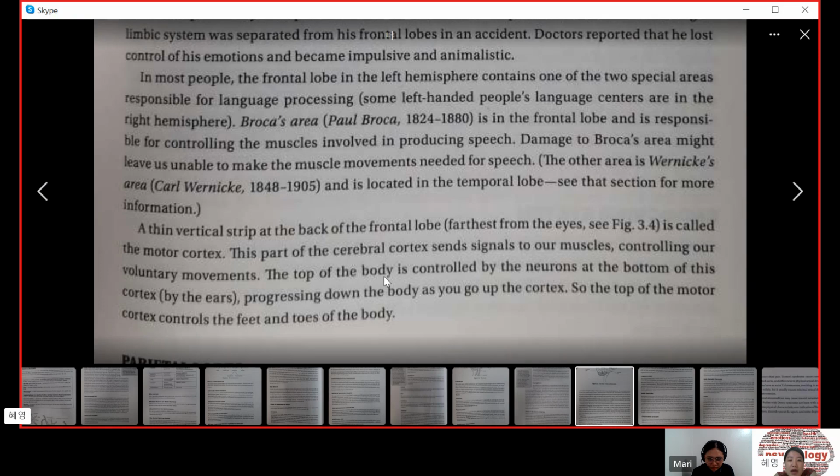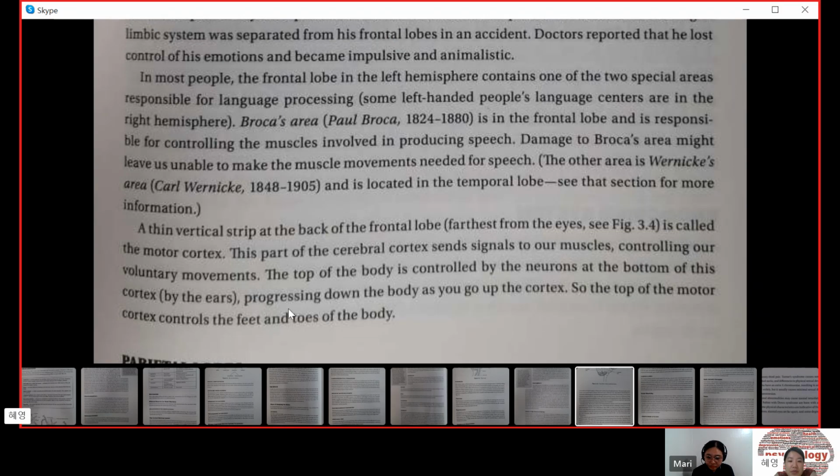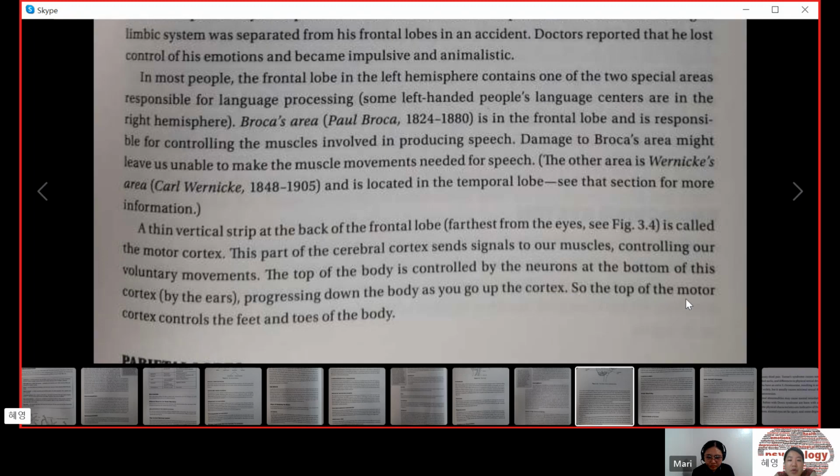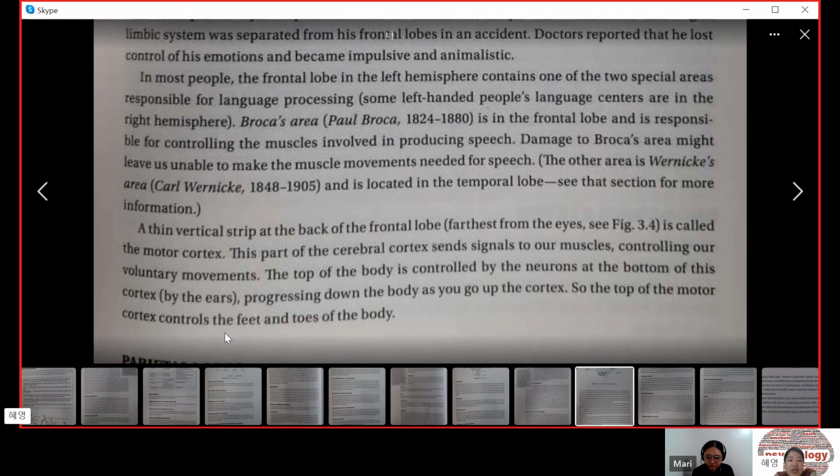The bottom of the body is controlled by the neurons at the top of this cortex, progressing down the body as you go up the cortex. So the top of the motor cortex controls the feet and toes of the body.